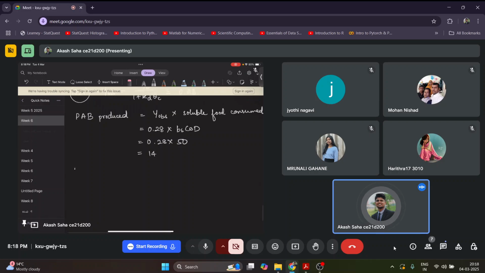Now we will calculate how much heterotrophs are produced. Again it will be Y observed into the remaining food, so 0.28 into the remaining food. And what is my remaining food? Remaining food will be BCOD minus BSCOD.